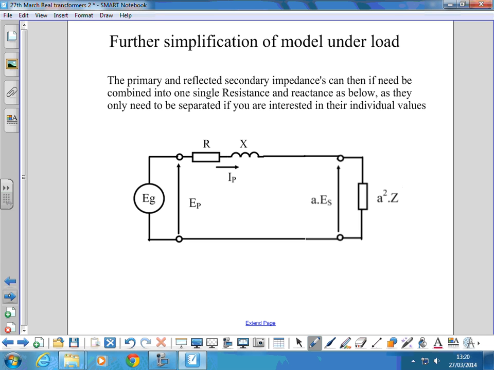We can then quite simply calculate the effect of this on the current flowing in the primary side, transfer that back to the secondary if we want to know the secondary current, and we can quite easily calculate the voltage across the load and so on. These are the things we're going to be interested in: what that current is, and what it transfers to on the secondary side, which we can do by dividing by A.